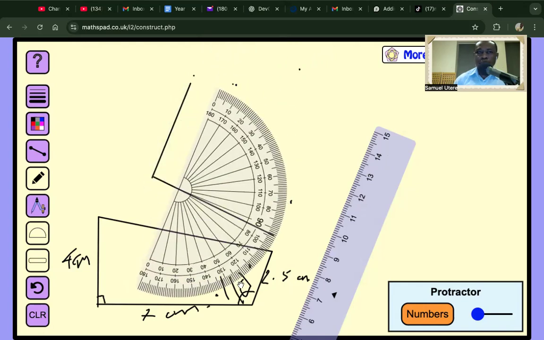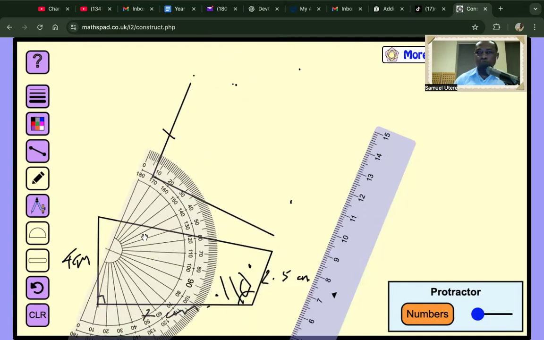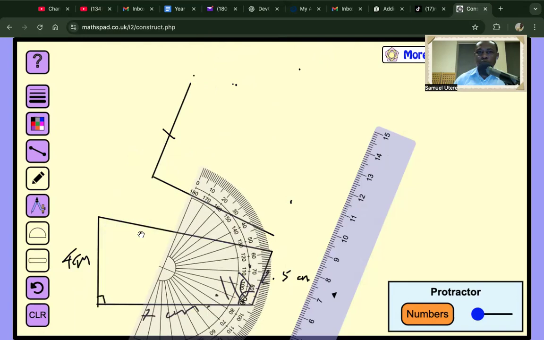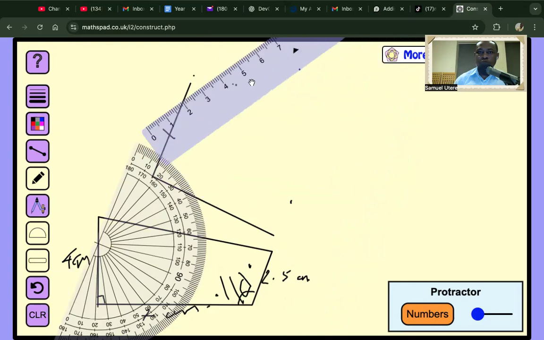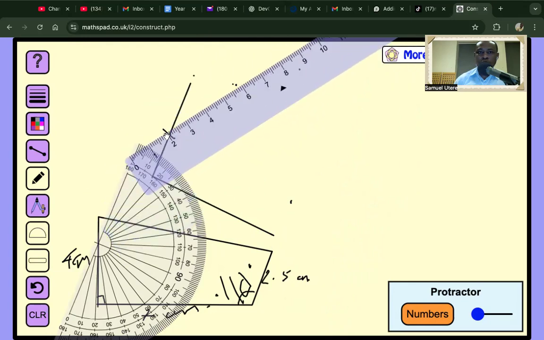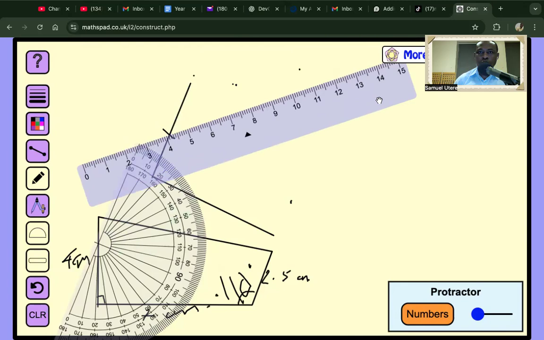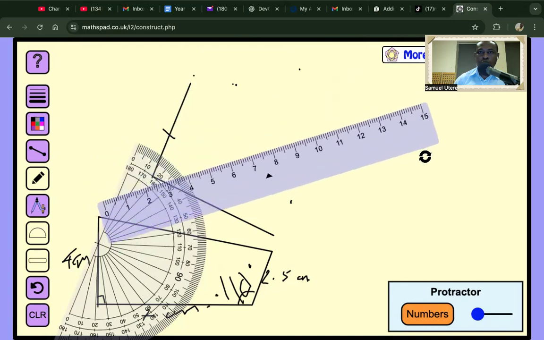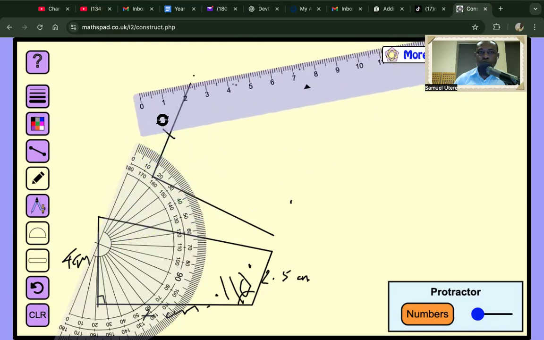Now see that there is a hatch mark here, which means this line that we draw has to be 4.5 centimeter. So we take a ruler and position it to line up with the end of the line and that mark.